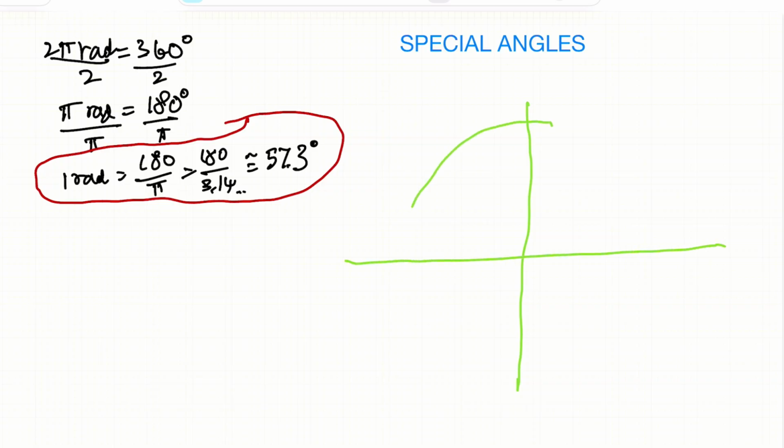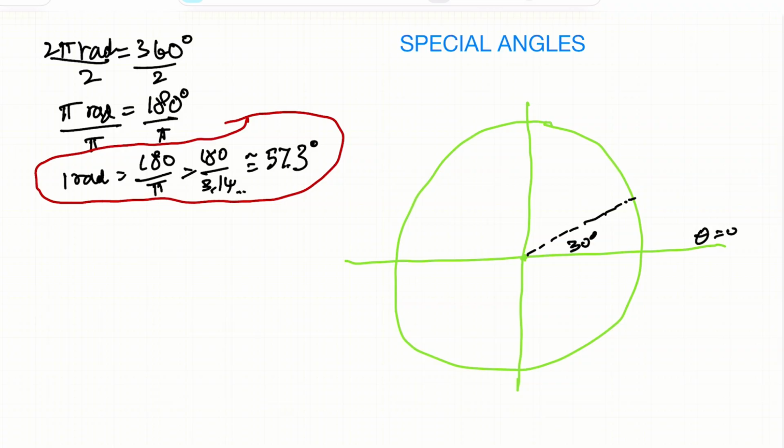So now let's do another circle and look at some special angles. I'm going to draw my circle on the coordinate plane here. There's our center. Now first let's look at 30 degrees. That's about a 30-degree angle right there. Now theta here is equal to 0, 90 degrees, 180 degrees, and then 270 degrees.